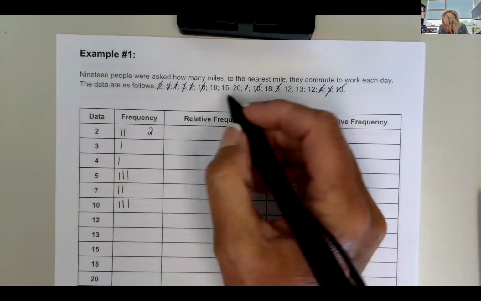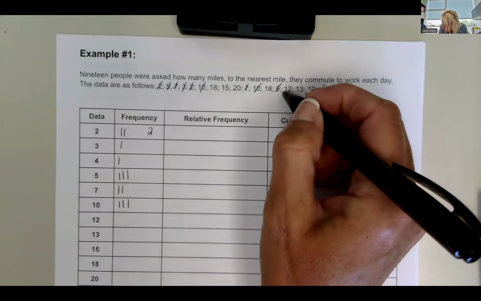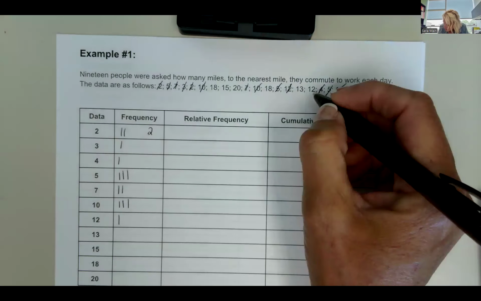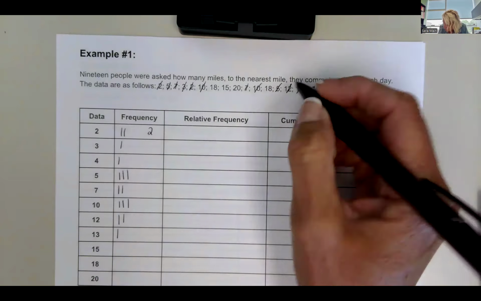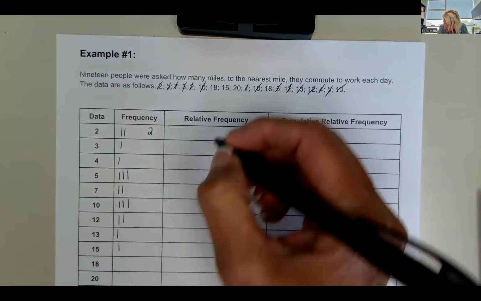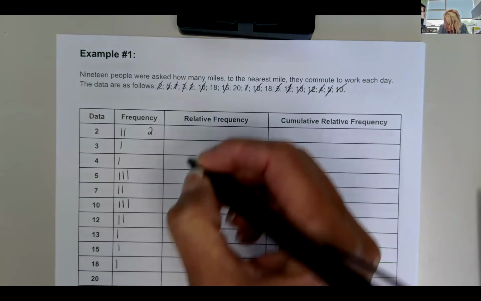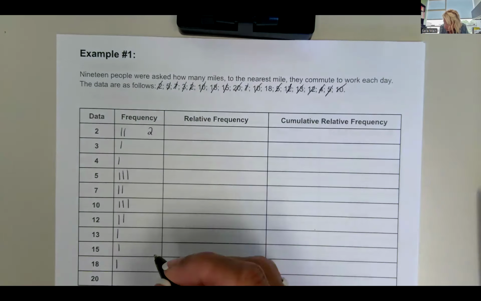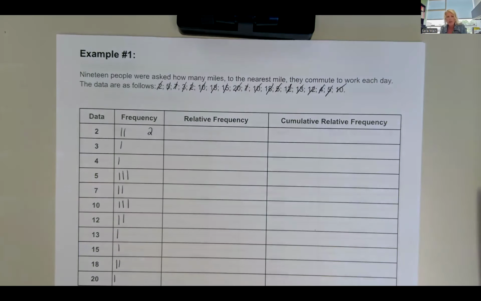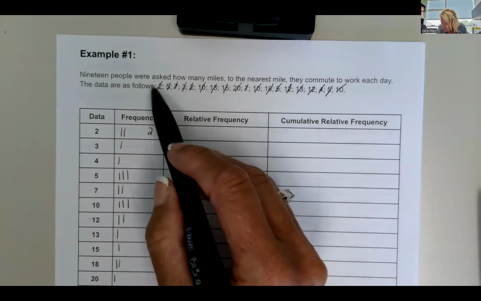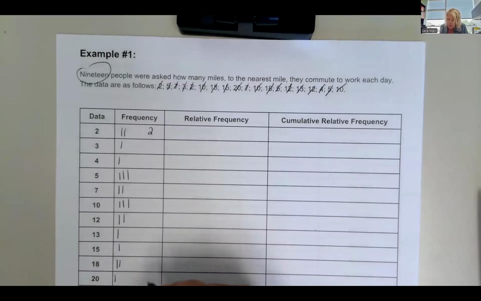And then we skip to 12. So there's 1, 2, and then 13. It looks like there's 1. 15, it looks like there's 1, there's 1, 18, and there's 1, oh, 20. There's actually 2 18s. So let's count up here. They told us that there are 19, so our total should be 19.